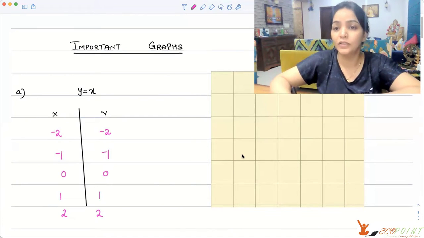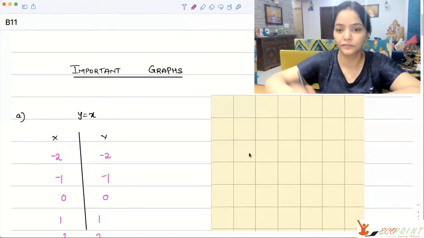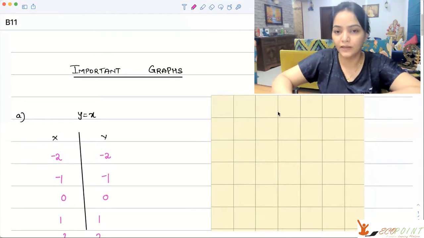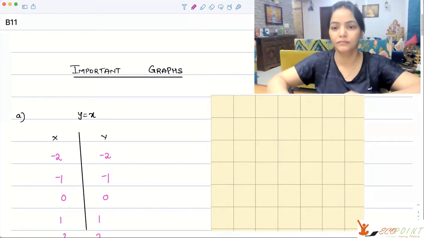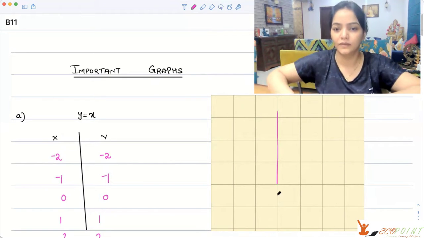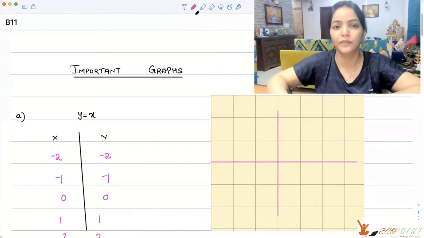So if I will denote this graph, let's graph it. So this is your y-axis, and say this is your x-axis. Okay, let's take points.